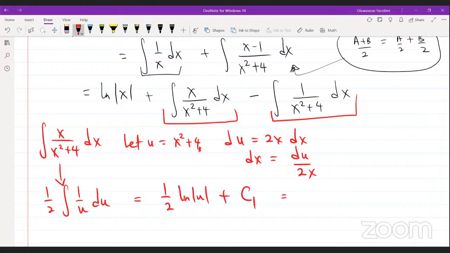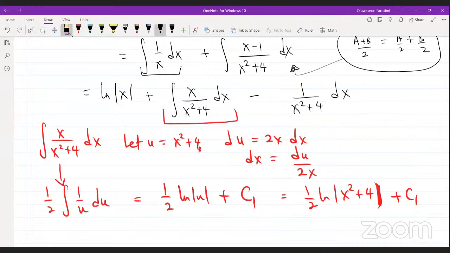But what is u? u is exactly x squared plus 4. So can I plug this back to where it belongs? Okay, the answer is apparently yes.